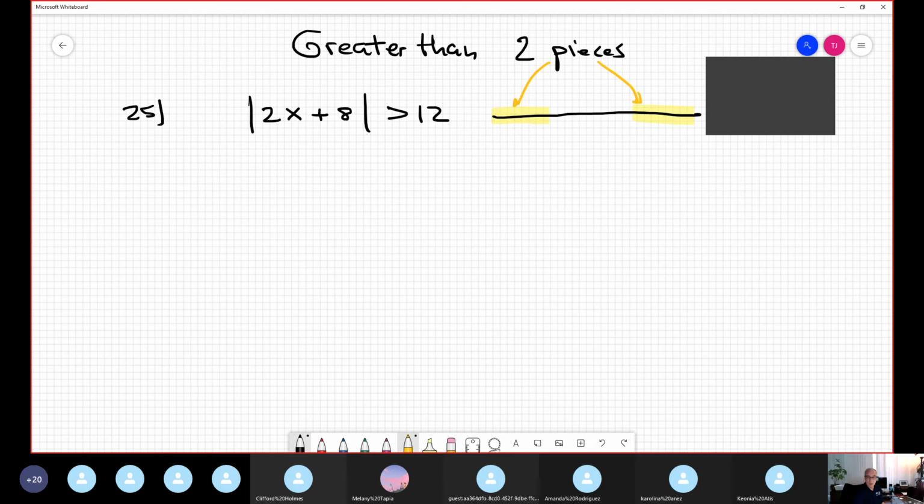Of course, I don't want the graphical answer in the test. I want interval notation. We have one interval, we have another interval, and you connect them by union, both. Okay, this is the idea.